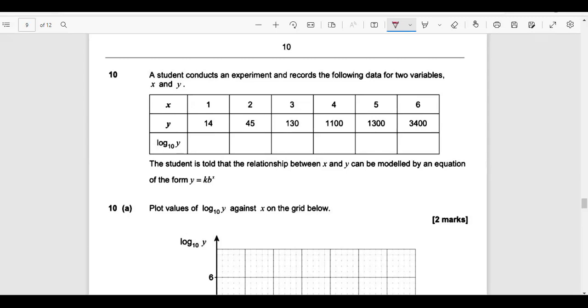Just press log 14 and it should give you 1.1. Then log 45, and that would give you 1.7. Then log 130, and it would give you 2.1. Then log 1100, and it would give you 3, 3.1, and 3.5. Please check if you're getting the same values or not.